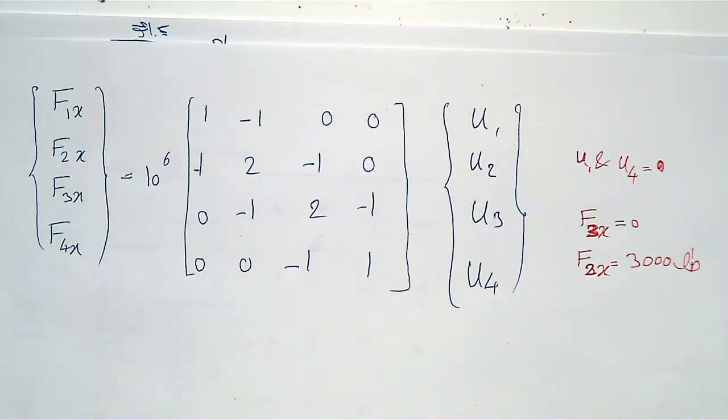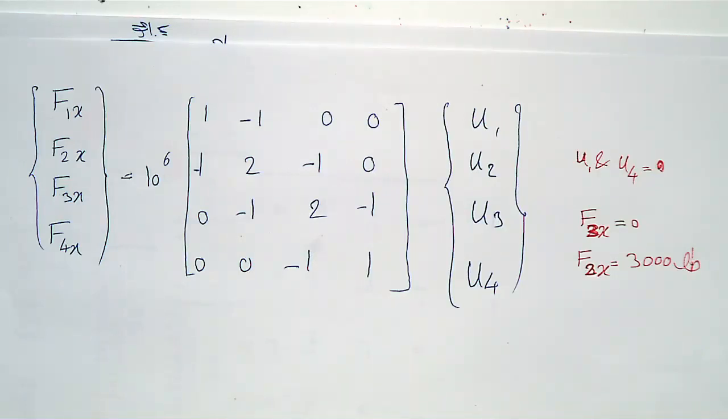So one way to solve these equations is to expand the matrix form and then substitute U1 and U4 with 0 and substitute F2x with 3,000 and F3x with 0, right? But I have another way to do it, which is much faster.